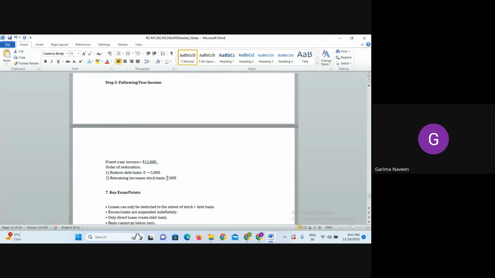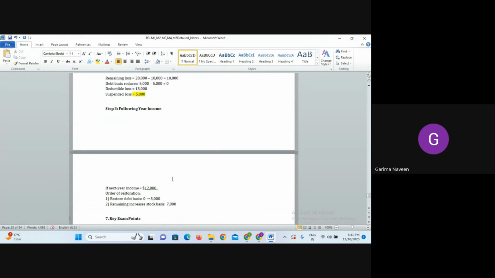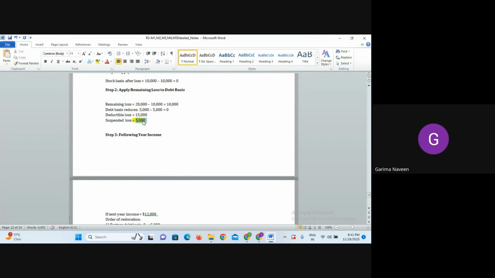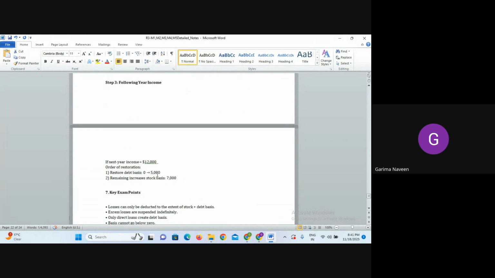Then you increase your stock basis, which is $7,000. Now you can reduce your suspended loss, which is deducted from your stock basis first and then from your debt basis. So it is deducted from your stock basis, which gives you a stock basis of $2,000.